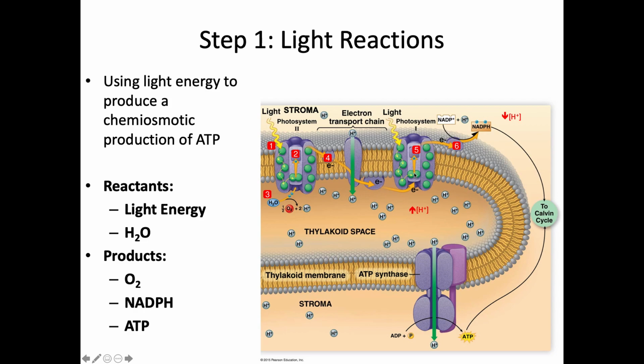It's going to donate these excited electrons to a primary electron acceptor. And now the special pair of chlorophyll A is missing electrons. So it's going to replenish those electrons from the electrons that came from the electron transport chain, not from water.